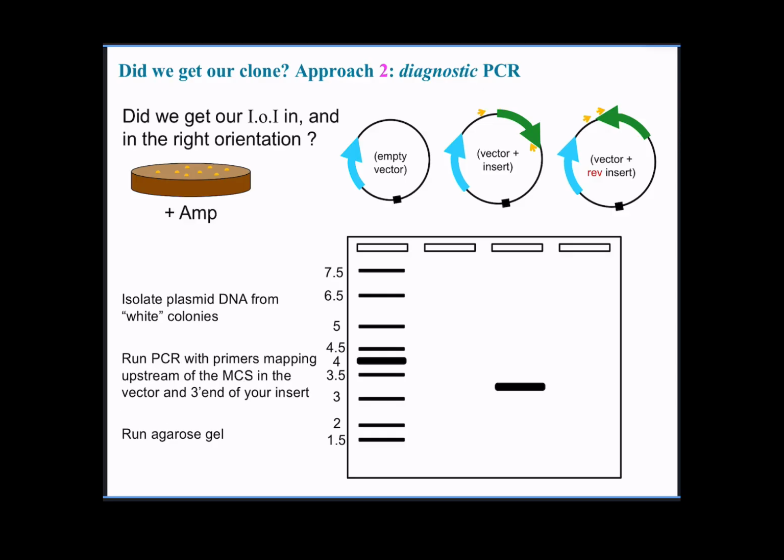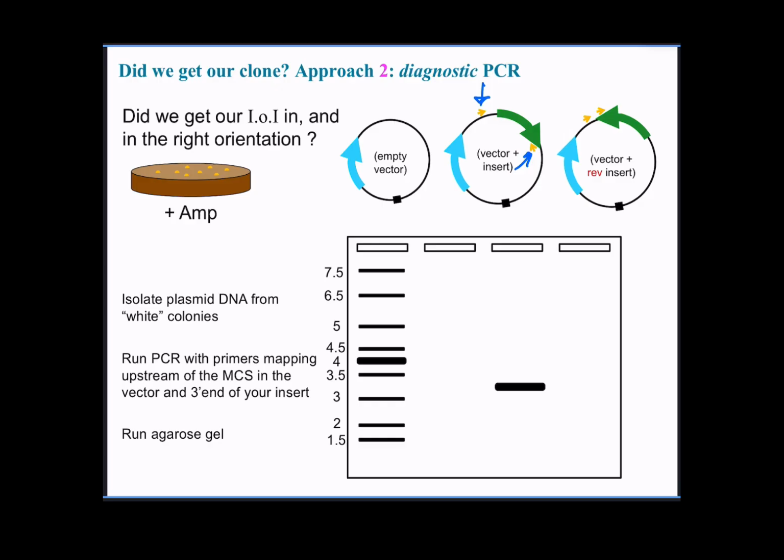On the other hand, if we were to do the trick of one outside and one inside, then what happens is if the insert went in the right orientation, you will have your forward and reverse facing each other, right?